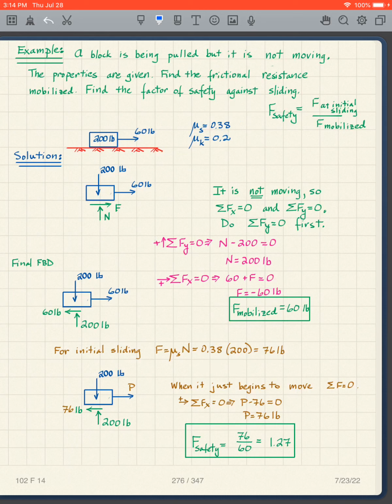So if I look at this, then I have my frictional, so I put down my F max. And that is the 76 pounds. Now I solve for P, taking the sum of the forces in the x direction equals 0, and I get that P is equal to 76 pounds.